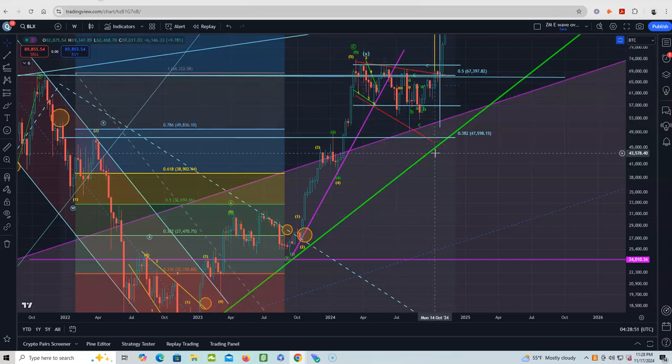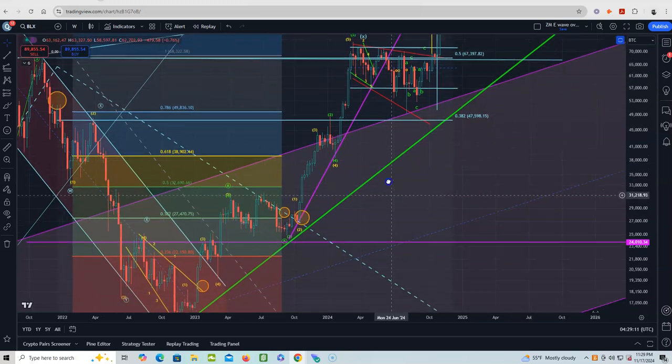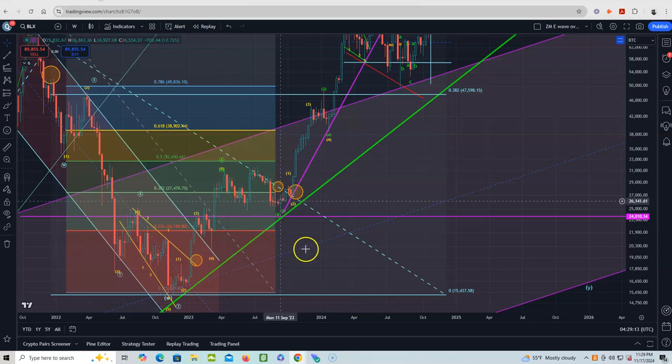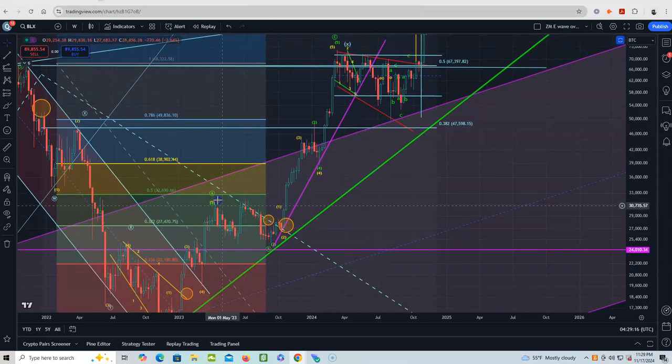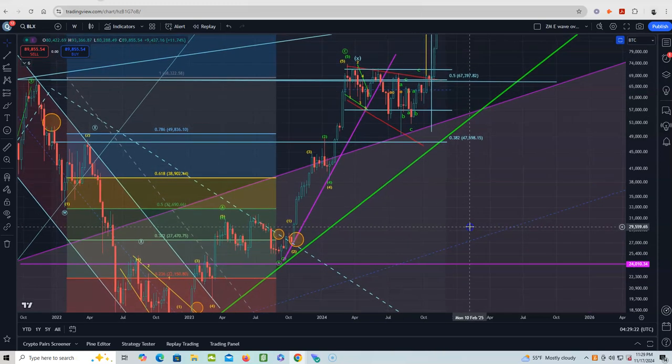But structurally, this is B, C. Structurally, this is A, B, C, D, E. And so, the literature is not too clear on whether the form, where it's a sharp C wave down, or the structure that's supposed to be showing the alternation, or whether something like this where just the structure is different, but they look relatively sideways.